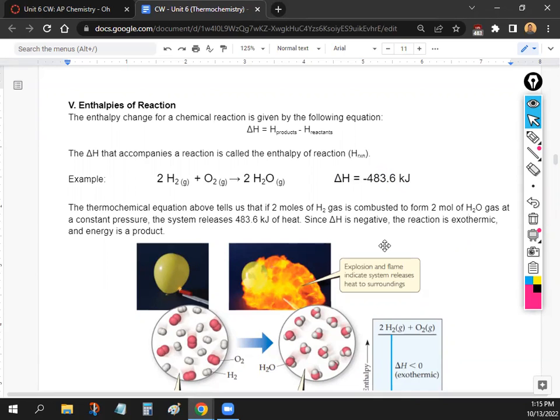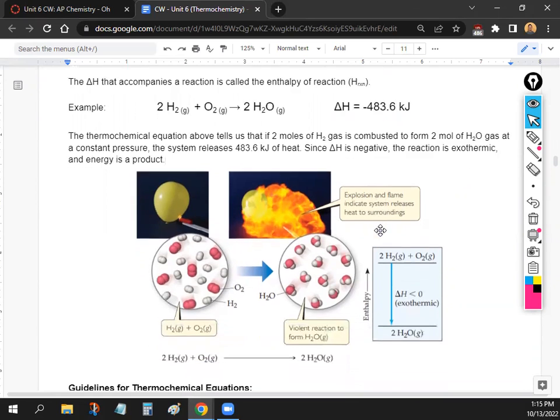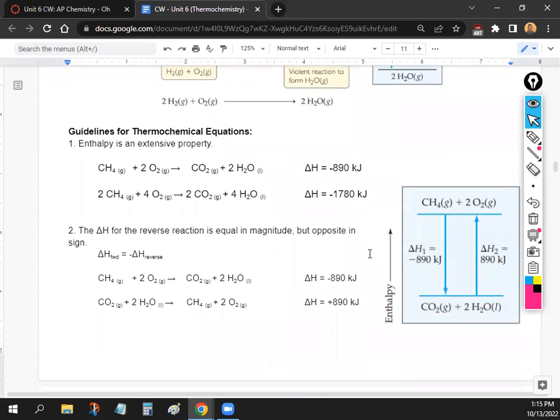Okay, so we're going to be analyzing some chemical equations in a sec, but before we do that, I need you guys to know a couple things about the enthalpy of reactions, okay? So the first thing is that enthalpy is an extensive property. Basically, what it means is that it changes in proportion to the reaction. So here, if we look at the first reaction, it's 890 kilojoules released, right?